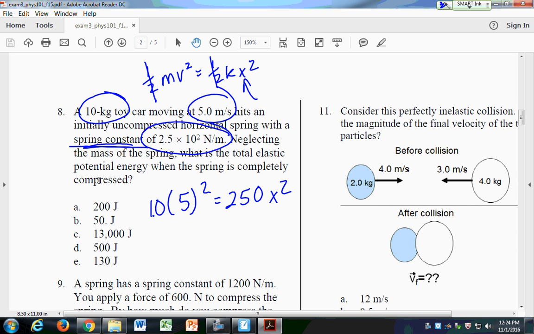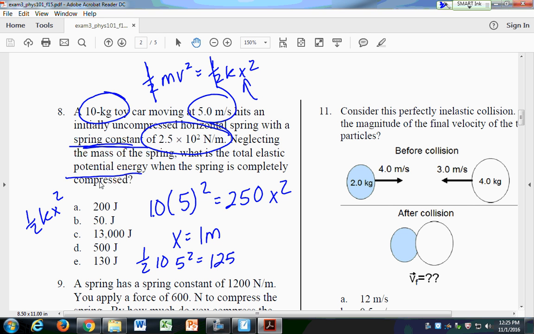Why is it not 1? I'm confused. Oh, it's asking for the total potential energy. I thought it was asking for x. By the way, if you were solving for x, it would be 1 meter. But it's asking here for the potential energy, and that potential energy is 1/2 kx squared, which is 1/2 times 10 times 5 squared, which is 125 or 130.